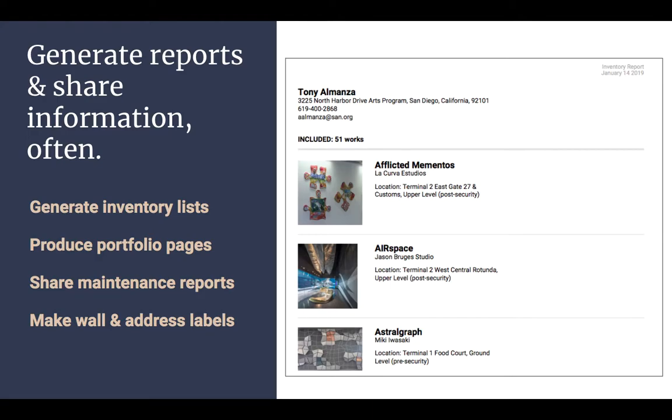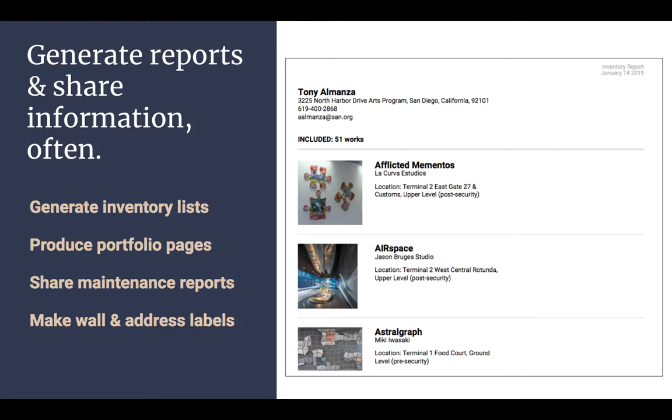Here we have the slide, which is all about generating reports and sharing information often, because we know that that is very important with public art collections. And so within an art collection management system like Artwork Archive, the advantage is everything is stored in one place so that you can easily pull information from the account so that you don't have to, say, create a mail merge or a PowerPoint.